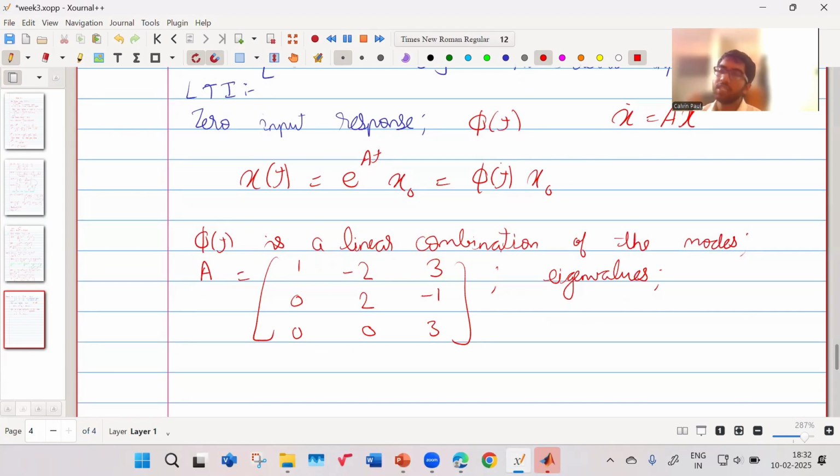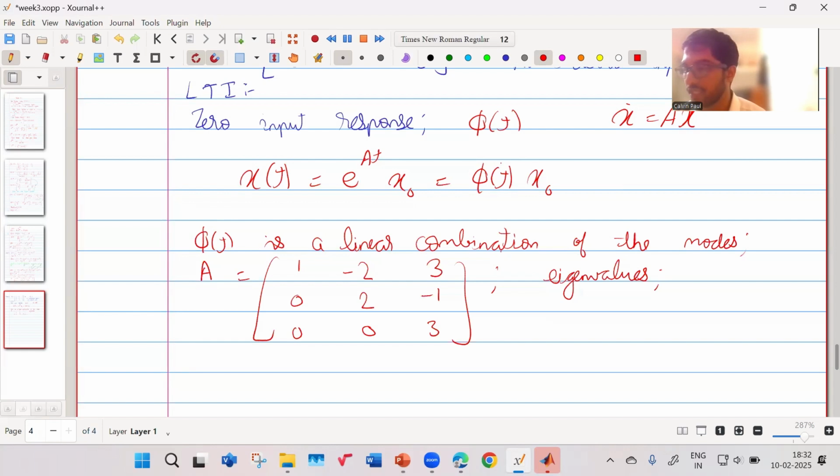If they are distinct, or if there are repeated ones with some multiplicity, etc., that can be possible. And from those eigenvalues, we get the modes of the system. And then our phi matrix is a linear combination of the modes. So the modes depend on the eigenvalues. So what we have to do right now is compute the eigenvalues of this.